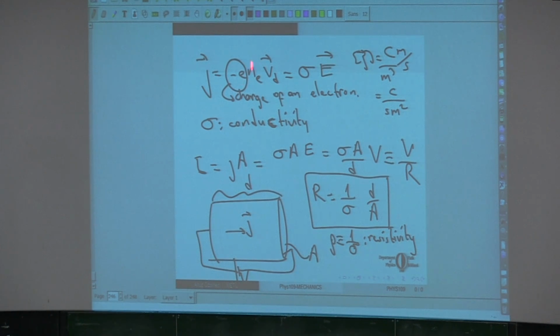Remember, this number density tells you how many electrons you have in a unit volume. So its unit is numbers per meter cubed. So also from this definition, you get the same unit. No, it does have. I mean, it's numbers per meter cube.